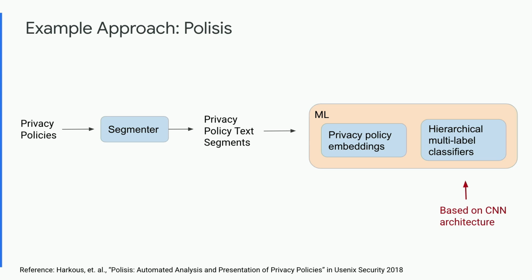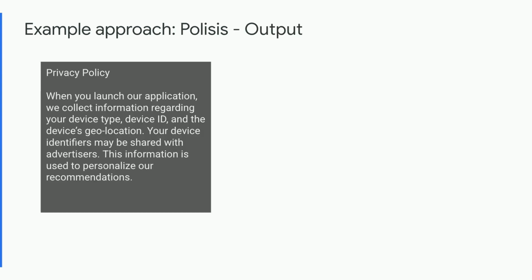The earlier work wasn't doing this, and some of the very first work was just using SVM for the classifiers. Pretty simple stuff, but they showed it was feasible. And with the privacy policy embeddings, they built the first really deep learning models using CNN architecture, and they built these multi-label classifiers. So just to show you a bit what that looks like, here's a segment extracted from a privacy policy.